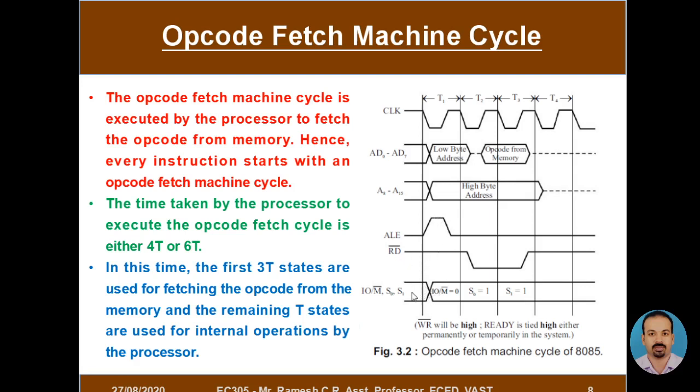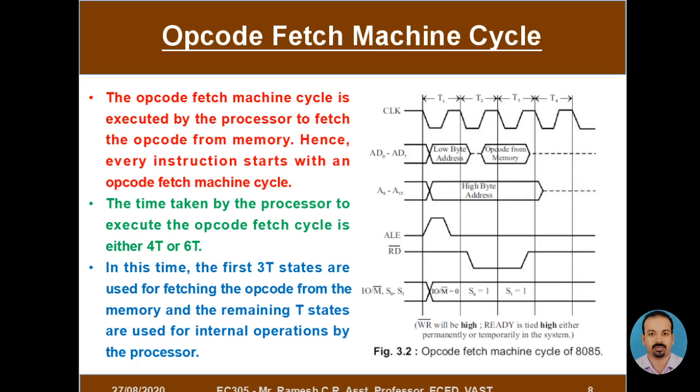This is to indicate that sometimes in the previous instruction, S0 and S1 may again have been equal to 1 itself. That means if you draw the machine cycle for three continuous instructions being executed, you may see that S0 and S1 are equal to 1 in the previous state itself.